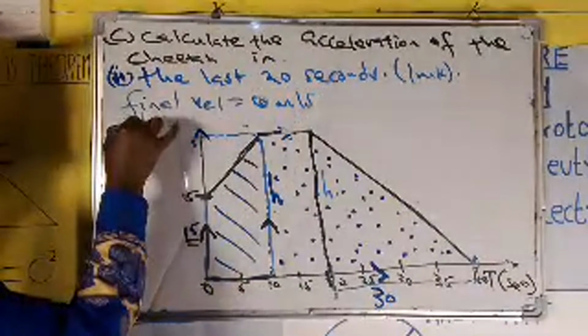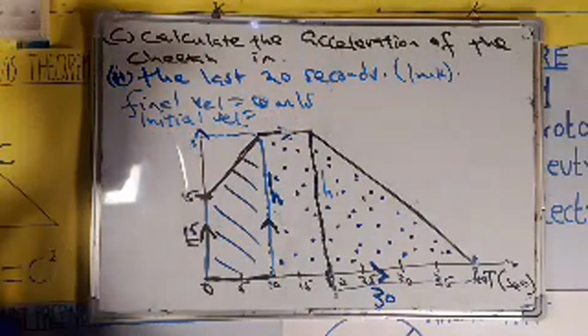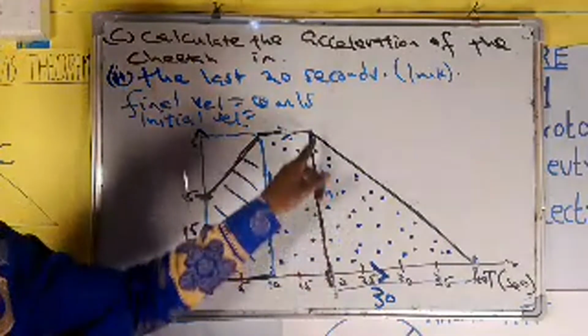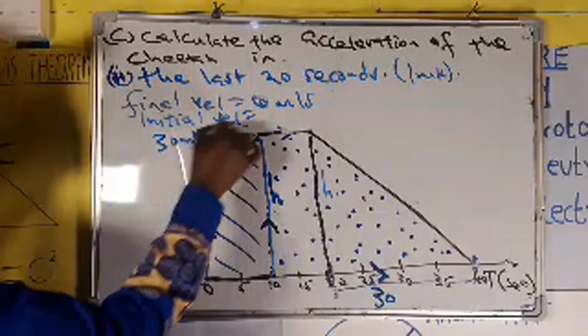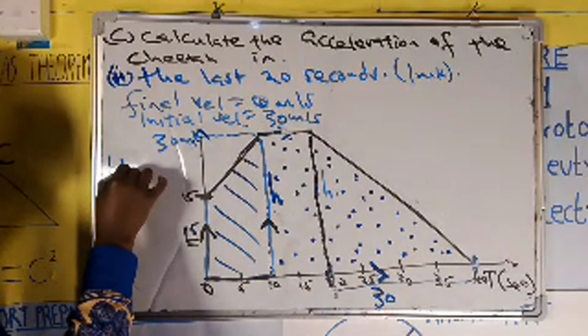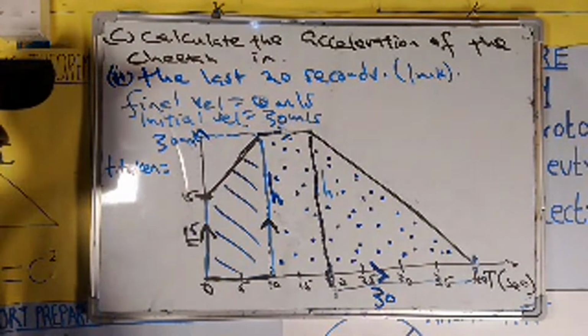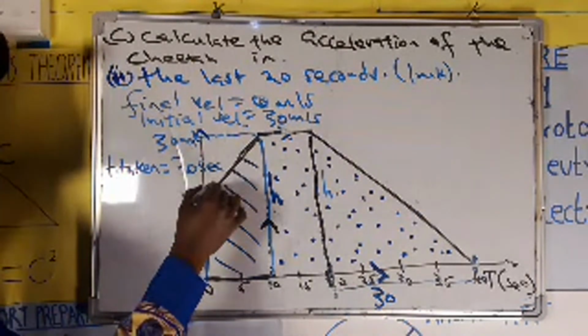Iko 0. So itakuwa 0 meters per second. Hiyo ndio final. Initial velocity iko kwa 20. Kwa 20 ni 30 meter per second. Hii ni 30 hapa. So itakuwa 30 meters per second. Time taken itakuwa nini? From 20 to 40, it is 20 seconds.